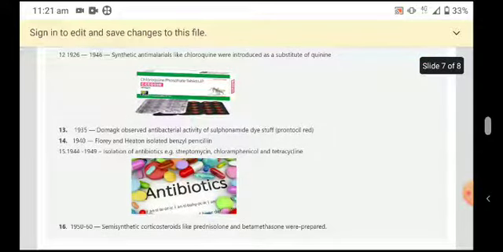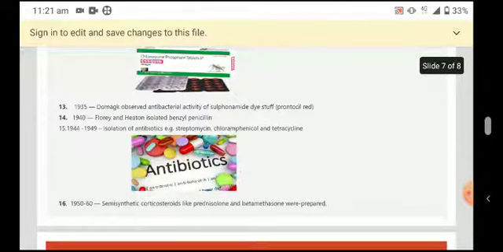As I show, various antibiotics were isolated in the period of 5 years. And from 1950 to 1960, semi-synthetic corticosteroids like prednisone and betamethasone were prepared. So in those 10 years, various corticosteroids were prepared and isolated.